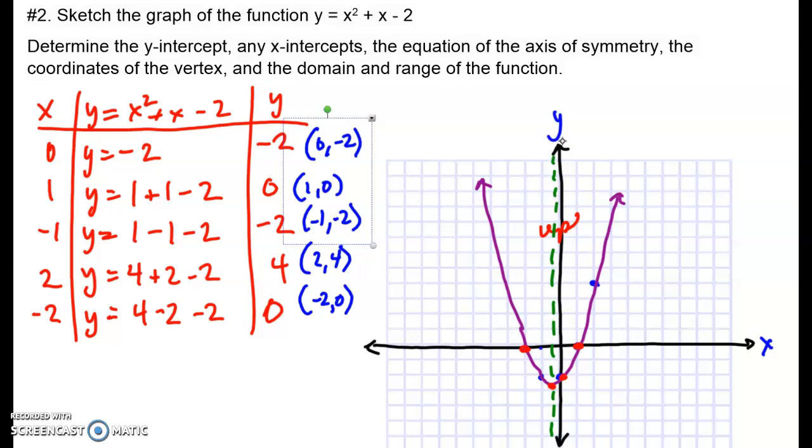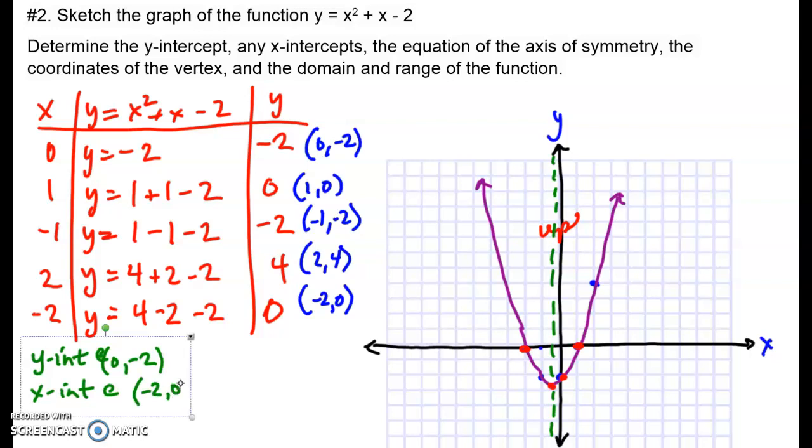Okay, so let's answer a few of these questions. The y-intercept happens at 0, -2. X-intercepts are at -2 and 0 and 1 and 0.